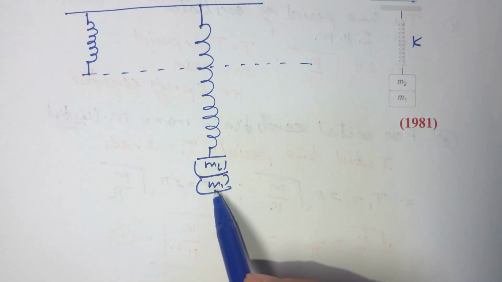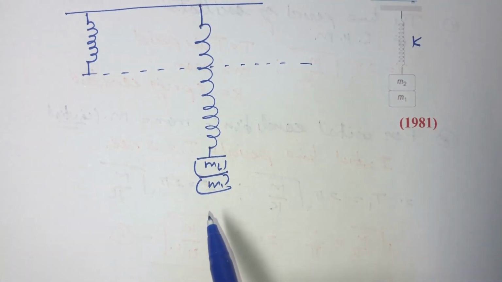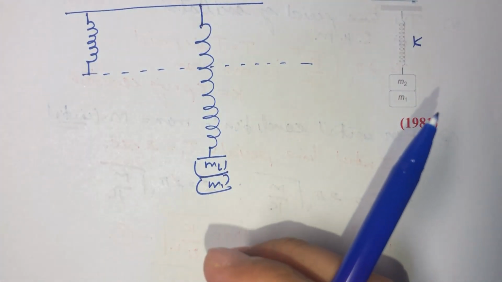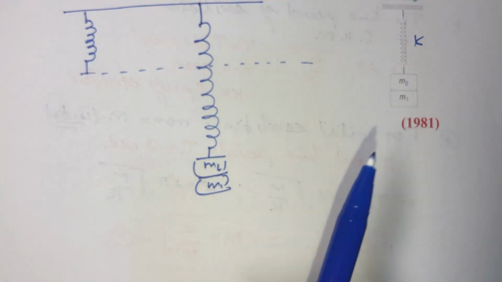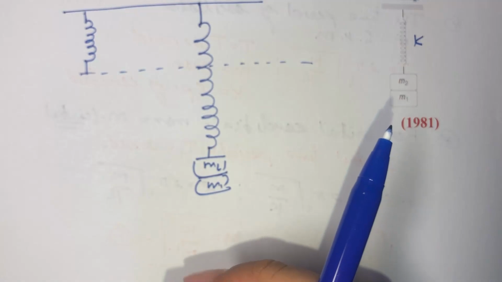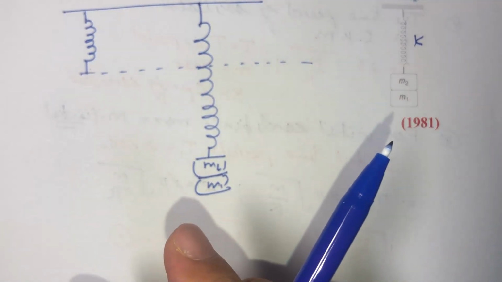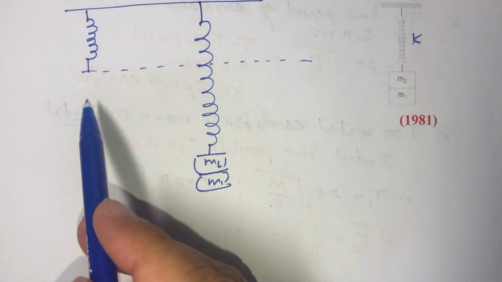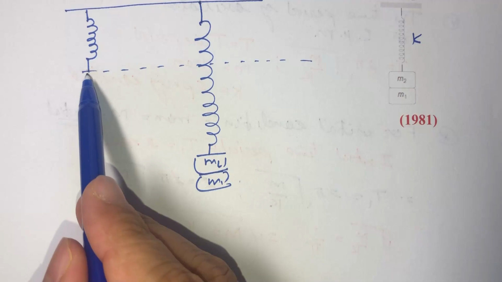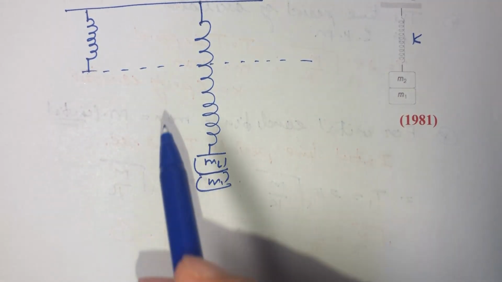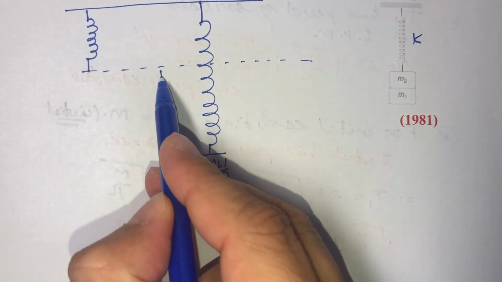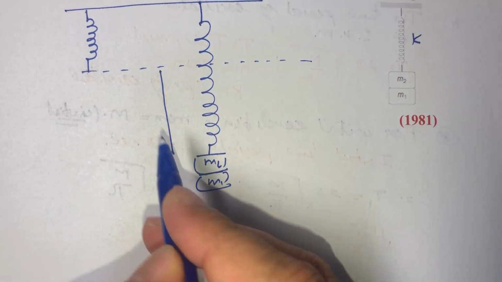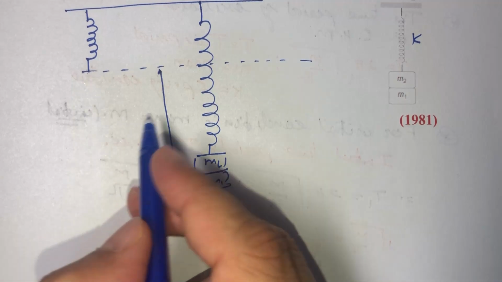Now when m1 is removed, the spring is going to oscillate about the mean position, and we have to find out what that mean position will be. With respect to when there is no mass and when there are two masses, let us suppose this total extension is called x old.